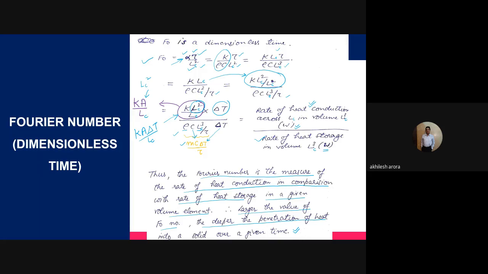So if the Fourier number is large, there will be deeper penetration of heat into the solid for a given period of time. Now there is one more important piece of information given here in the first line. The Fourier number is a dimensionless time. So this you should remember.